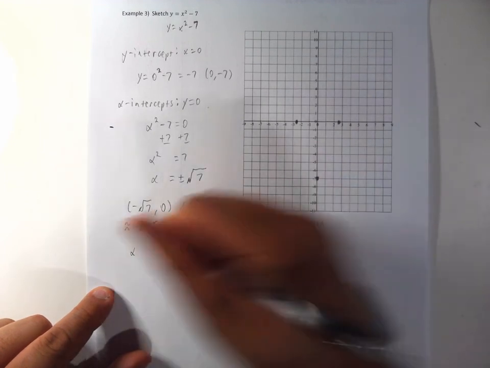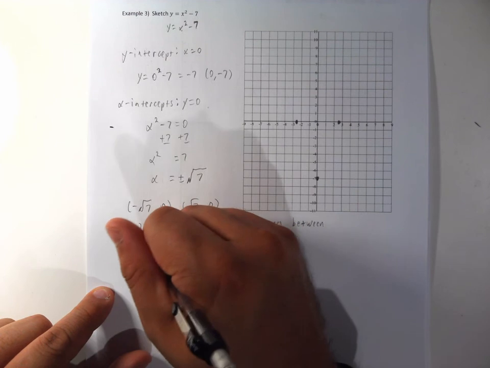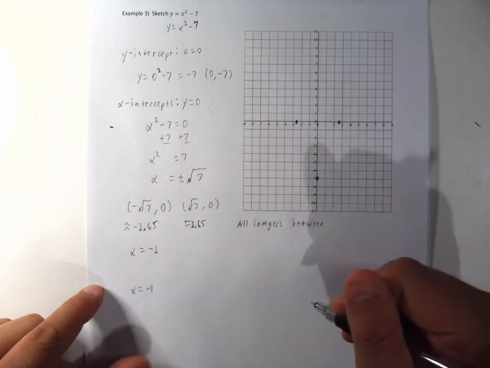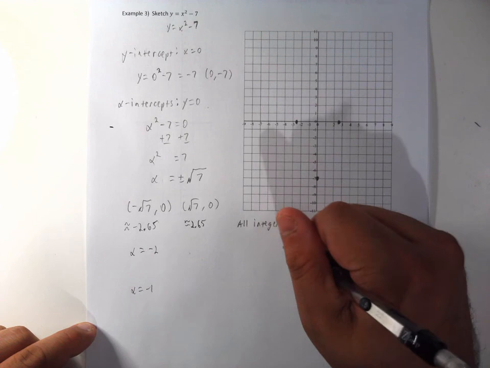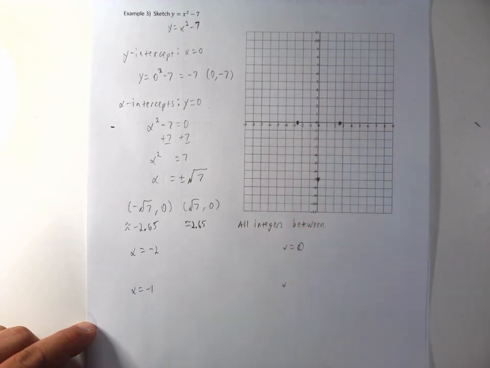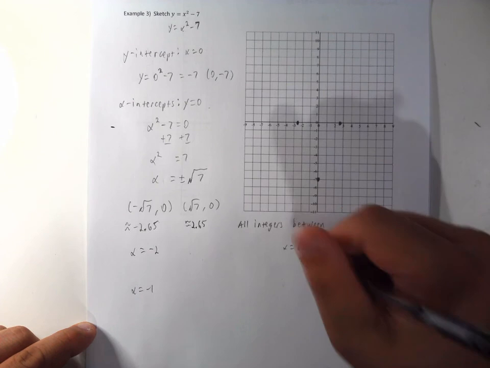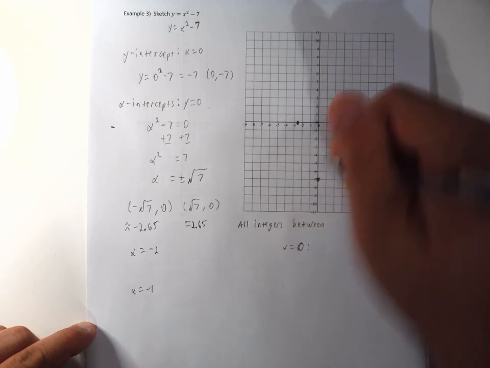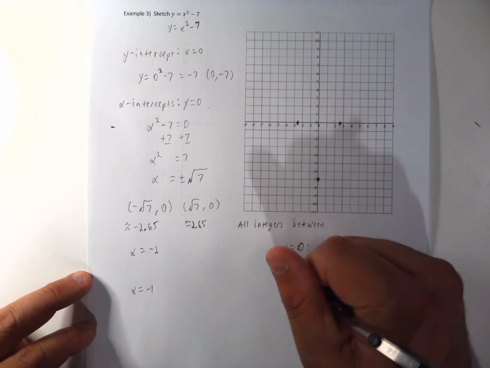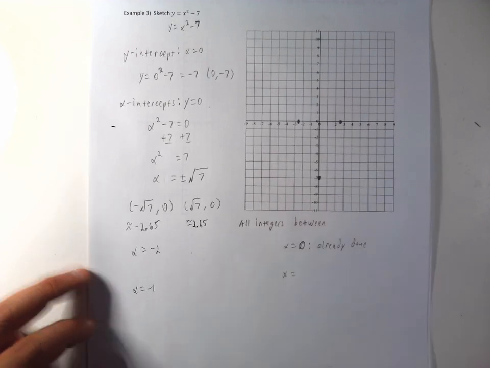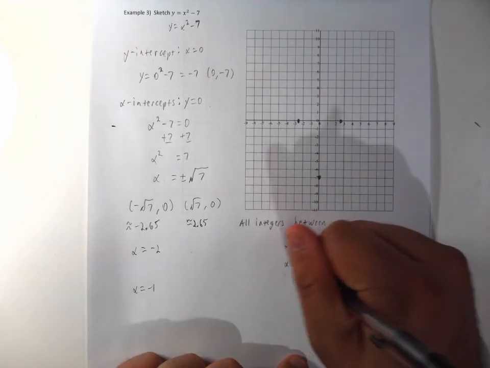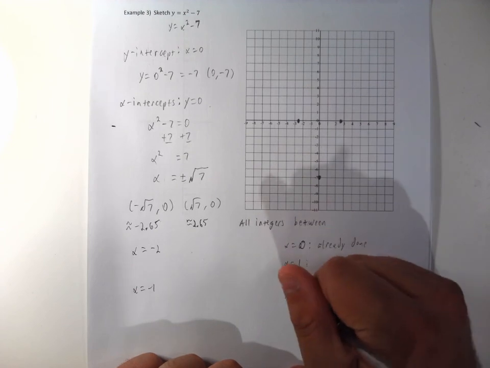So we have negative 2, negative 1, 0, which is already done, 1, and 2.